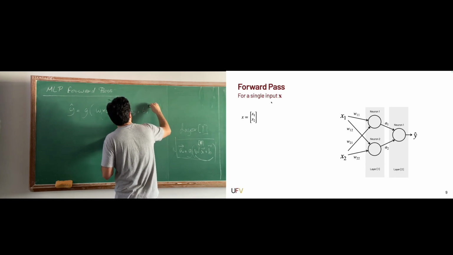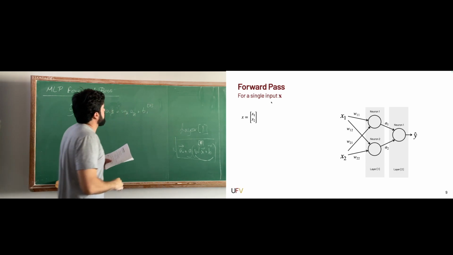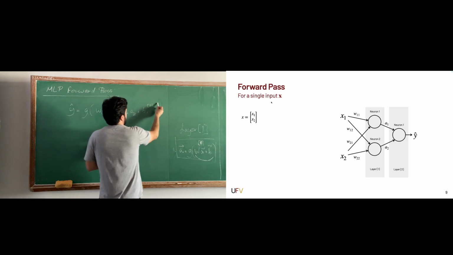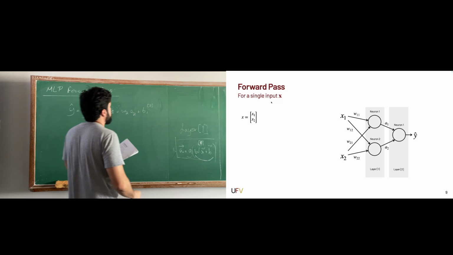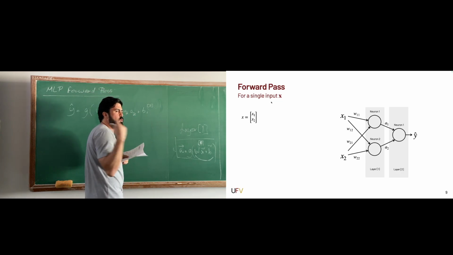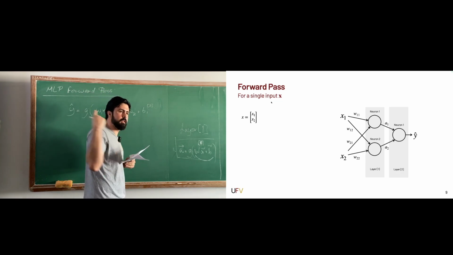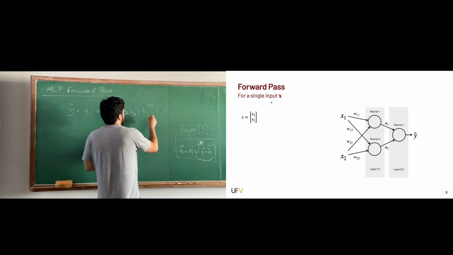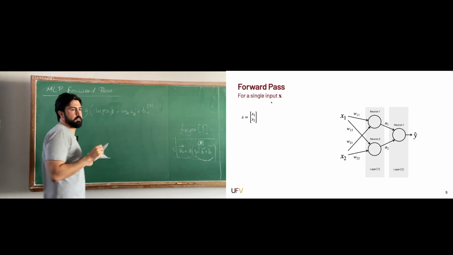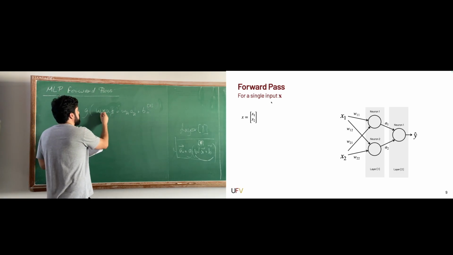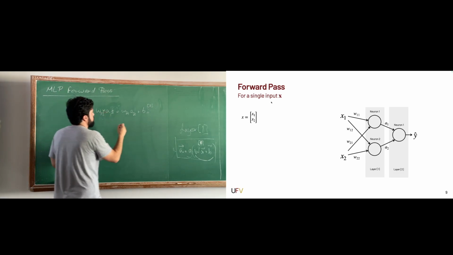But now this bias term is of layer 2, and we only have one neuron in this layer, right? So all the weights here are going to have 1 on the right subscript.